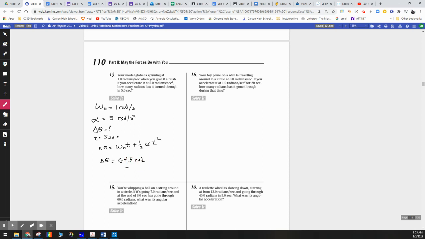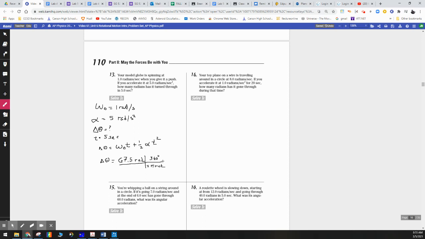Now this is in radians. If they want to go to degrees, what do we have to do? We'd have to know that there are 2 pi radians, which is 360 degrees.